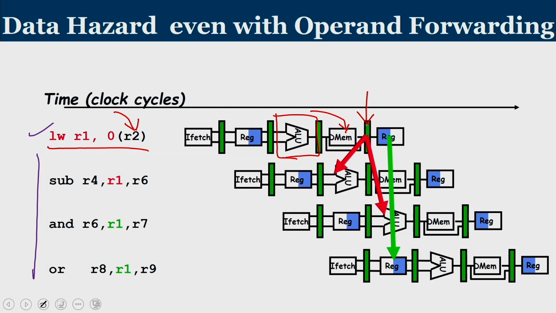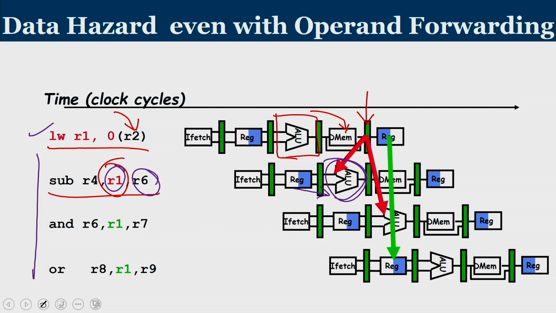Now, consider that the second instruction actually wants the content of R1, or it wants the result that has been produced by the previous load instruction. The second instruction will perform its ALU operation here, but the data that it wants, one operand is R6, the other is R1. R6 will come from the register file.